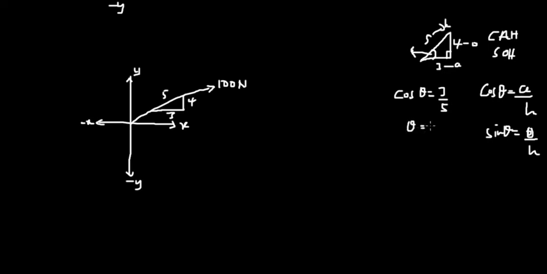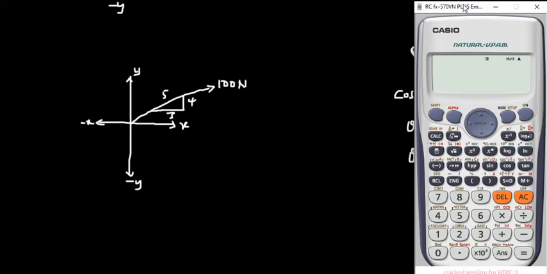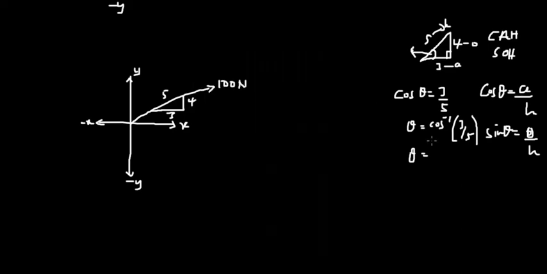When you find the angle, you take the cosine inverse of 3 on 5, and you end up with a specific angle. So let me just compute that. Cosine inverse of 3 on 5, you end up with 53.13 degrees.